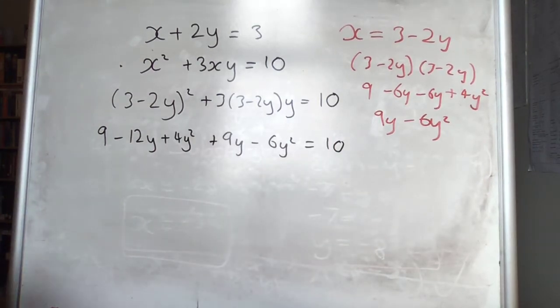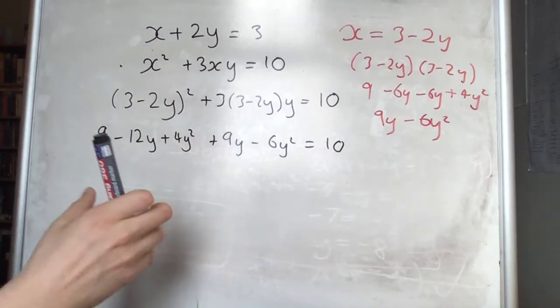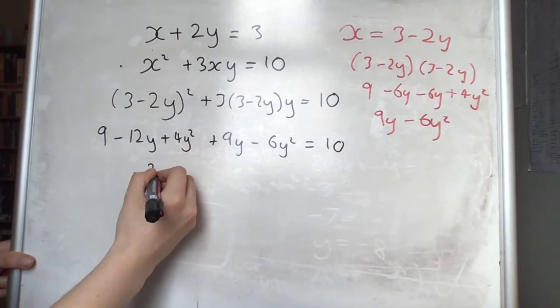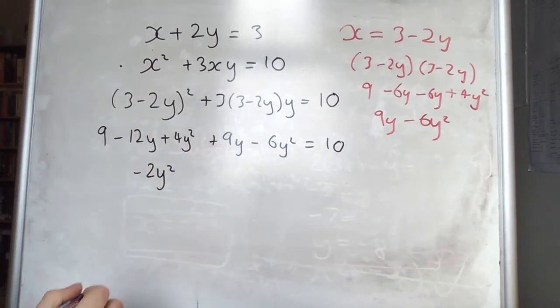And so we're getting a familiar sort of expression here. We want to change this into a set quadratic expression. So if we collect our y squared, we've got 4y squared minus 6y squared, which will give us negative 2y squared. And then we're going to have to collect our y term.